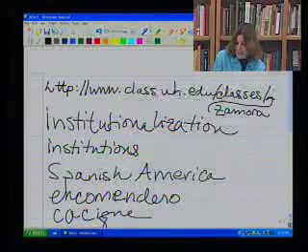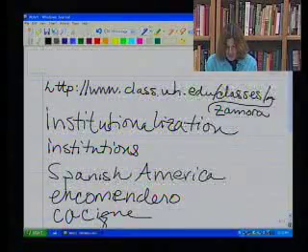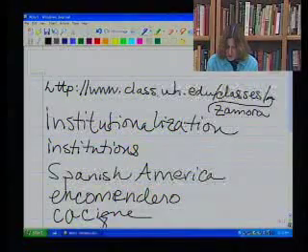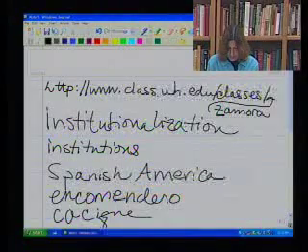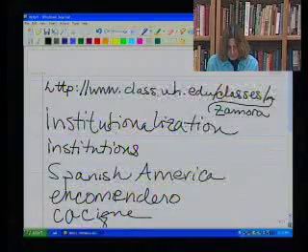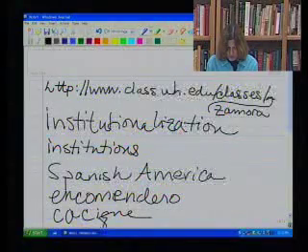By the mid to late 16th century, a critique of the system of encomienda had developed. Some priests, many priests, saw it as abusive. Colonists who did not hold such grants were jealous and argued against the institution because they saw it as unfair.